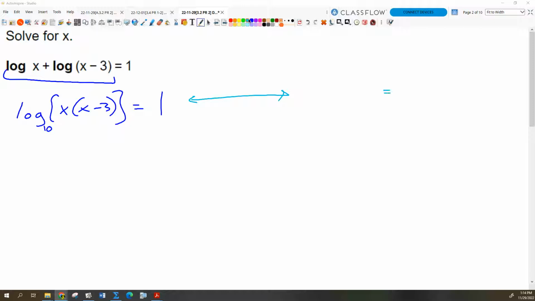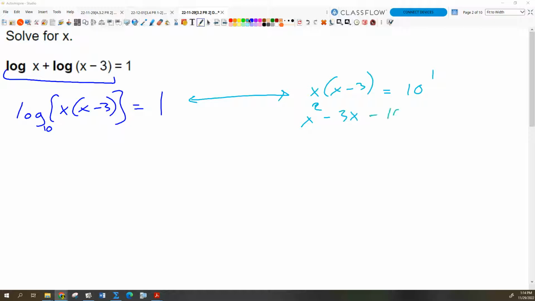So then what's equal to 10 to the 1? x times x minus 3. Now that's not so bad, right? That's starting to look like Algebra 2 stuff. If I distribute the x, I get x squared minus 3x.